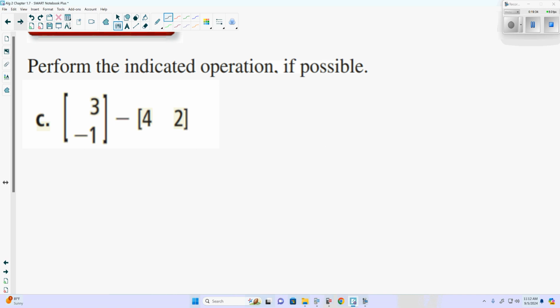Up and down are our columns, left and right are our rows. So it's a column and a row matrix. But since the dimensions are not the same, this is undefined. I can't add or subtract them. If we did multiplication, we won't do that yet. We will do that at a later time. These can multiply.